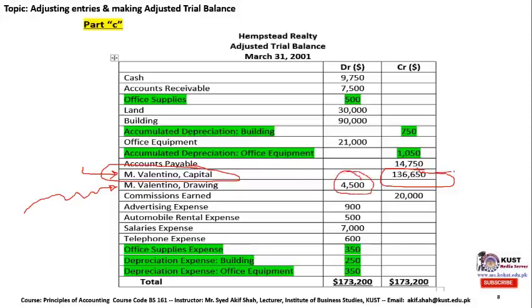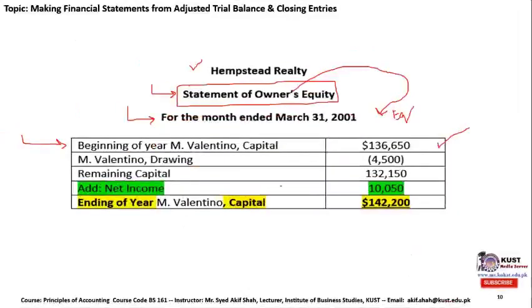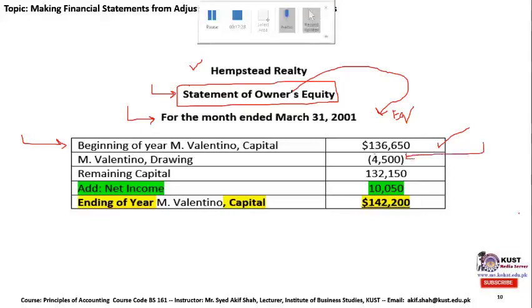Therefore, the capital portion of the company will decrease by 4,500. This is the reason in the statement of owner equity, we have subtracted 4,500 as M. Valentino Drawing from the capital portion of the company. This bracket sign shows that we have to subtract it from the top value, which is $136,650.